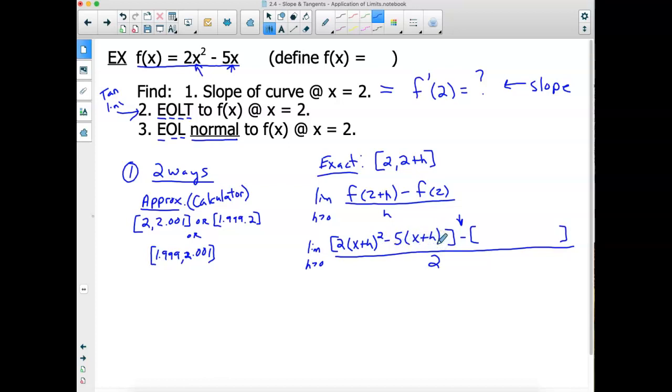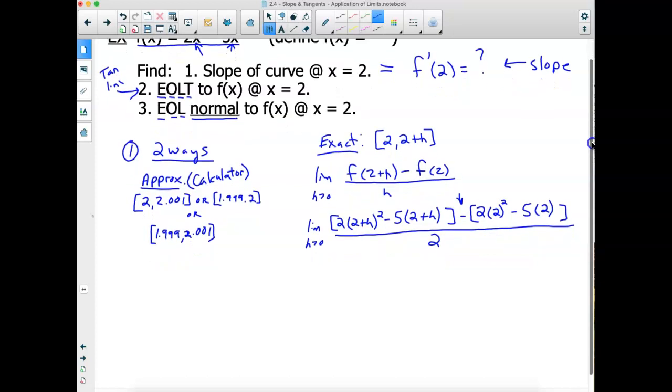It's not x plus h, I'm doing the general derivative. I apologize, I'm supposed to be putting a 2 in there. And then we need to find f of 2, which is going to be 2 times 2 squared minus 5 times 2, okay? And we're going to keep cruising along there.